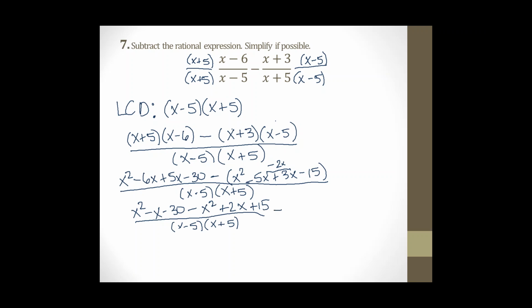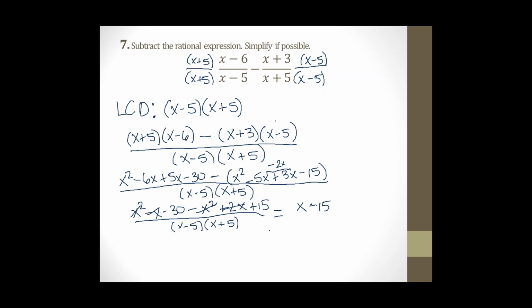Okay, so now let's combine like terms. So x squared minus x squared is 0x squared. So that's gone. Negative x plus 2x is x. And negative 30 plus 15 is going to be negative 15. Okay?